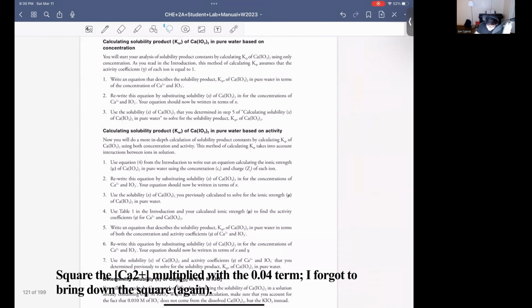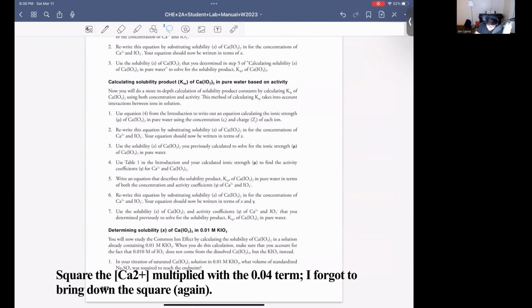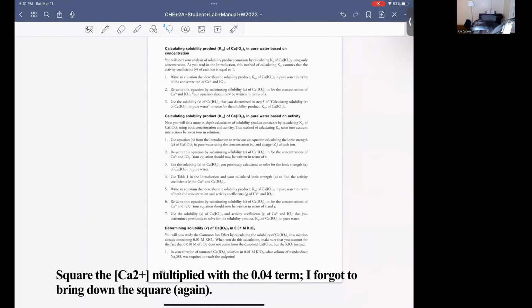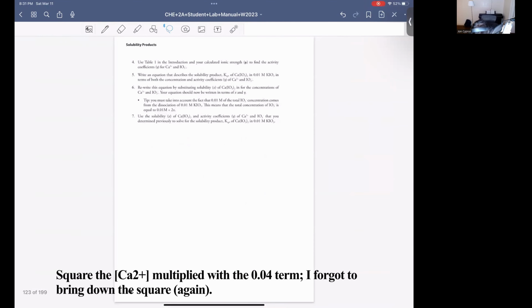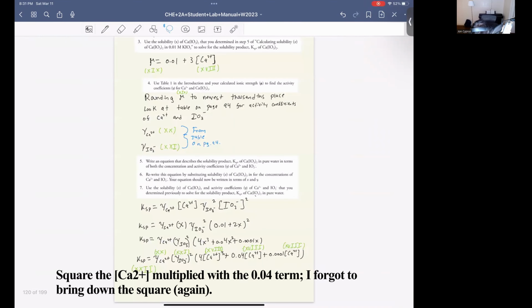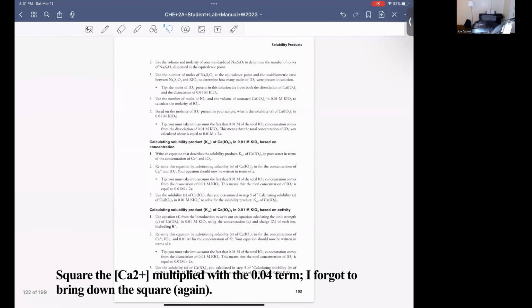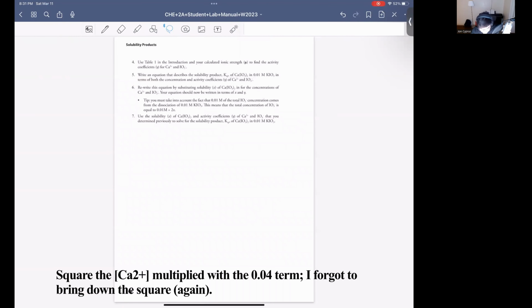Now that we figured out the KSP using the activity coefficients, now you're going to... one second. I think I may have copied the wrong thing here.